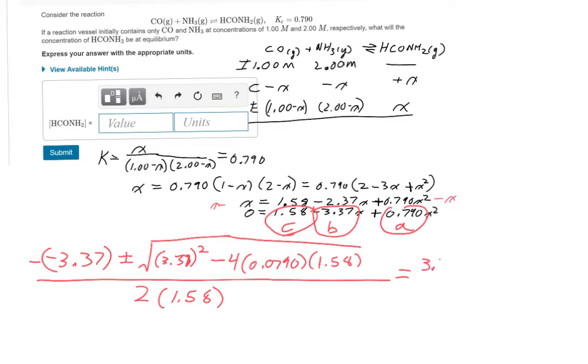So I've got 3.37 divided by, oh shoot, I keep making mistakes here. 0.790, which of course would be that 1.58.